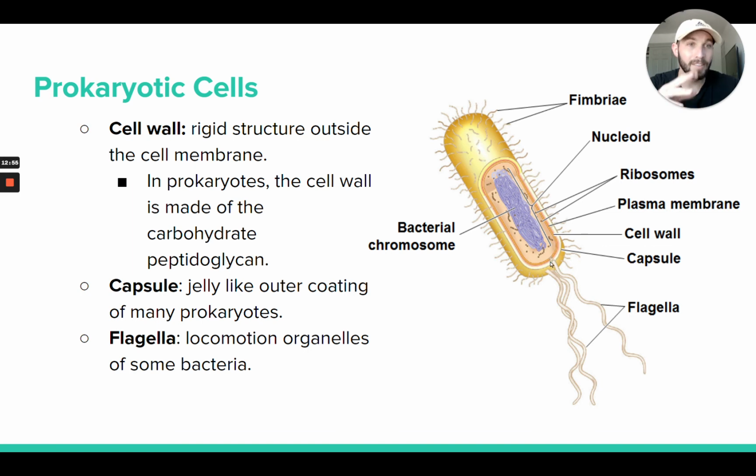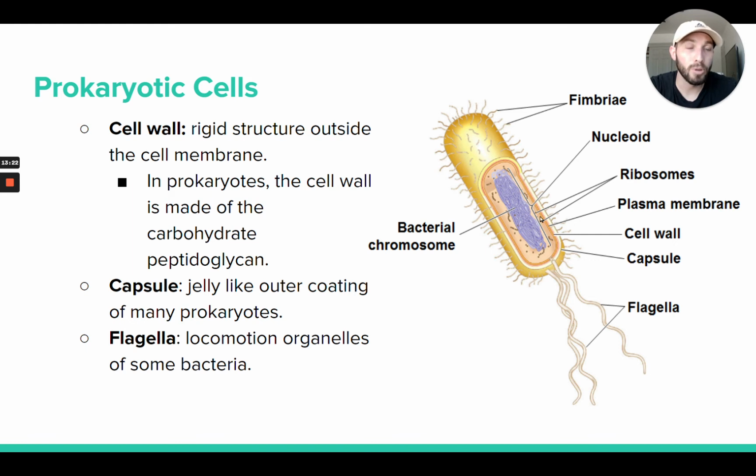And then outside of that, a lot of times prokaryotic cells have a capsule, which is this jelly-like coating on the very outside. This thick outside layer is the capsule. That's pretty unique to prokaryotic cells, having this capsule surrounding the cell wall and the cell membrane.